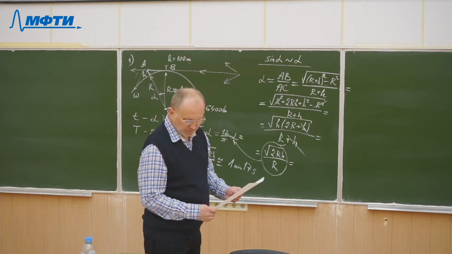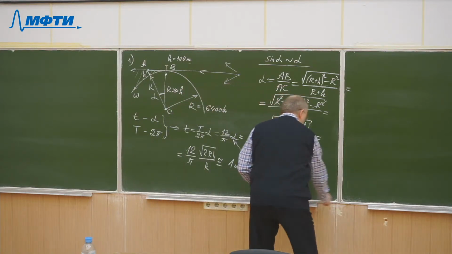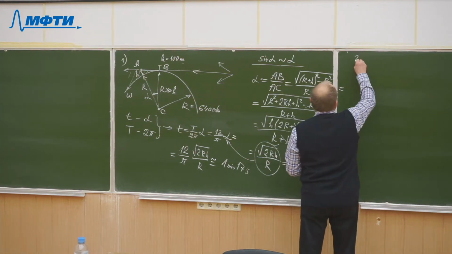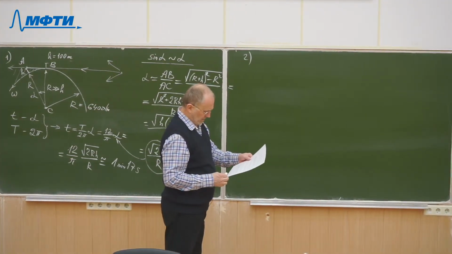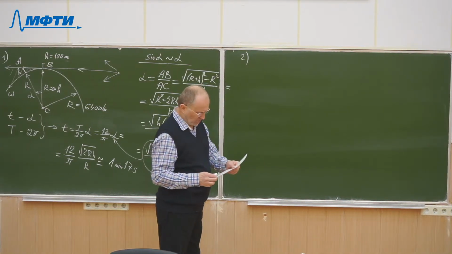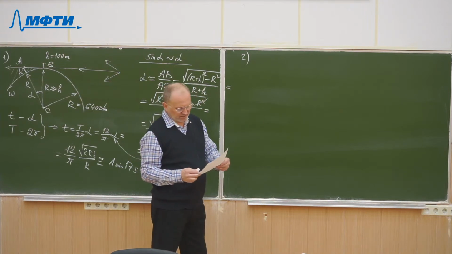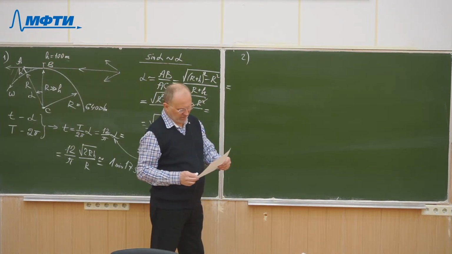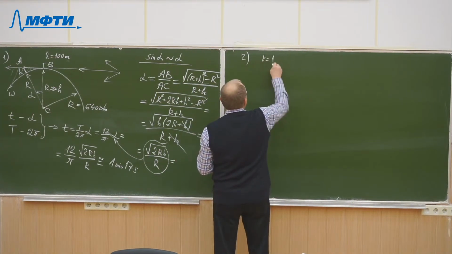Let's now discuss the second problem solution. The second problem is as follows. A bar of mass m is on an inclined plane with an angle alpha to the horizon and coefficient of friction k equals 1.